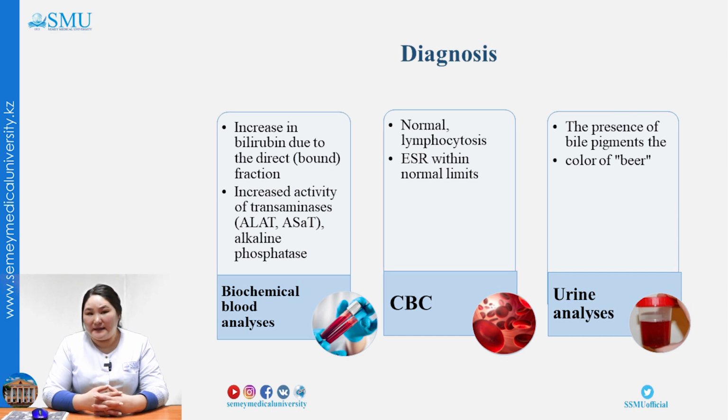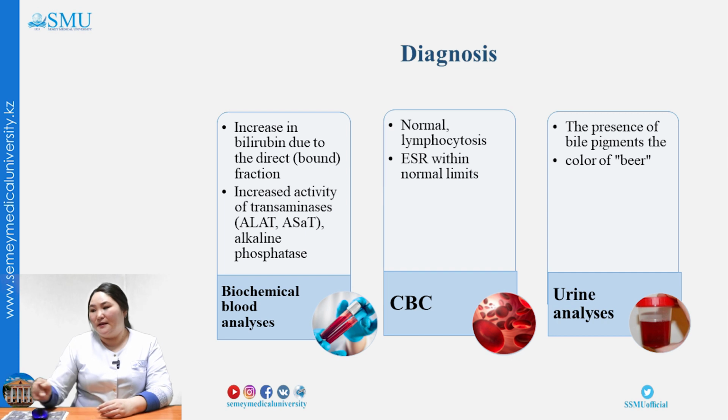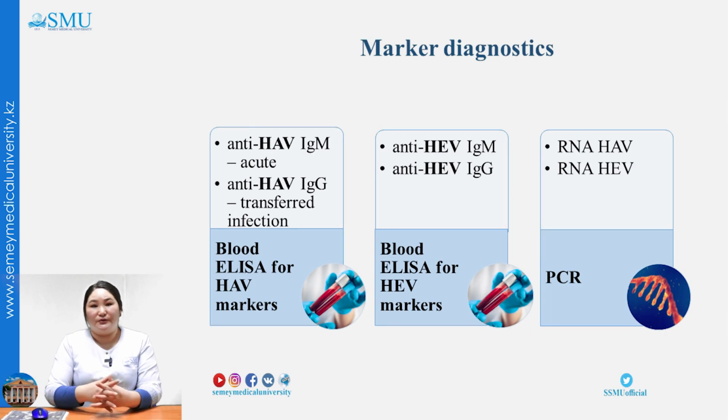More important for us is the biochemical blood analysis. Here we will find an increase of total bilirubin due to the direct fraction, and increased activity of liver enzymes ALT and AST. In urine analysis, bile pigments will be present and the color will be changed too.